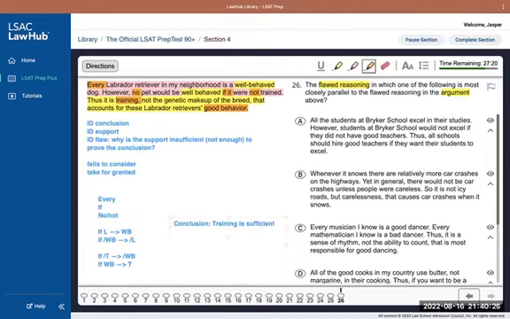Okay, so by saying that training accounts for the good behavior, right, that if they didn't have good behavior, it's because they weren't trained. And if they have the training, then that's going to lead to good behavior. That the genetic makeup actually wouldn't form part of the explanation for them having good behavior.